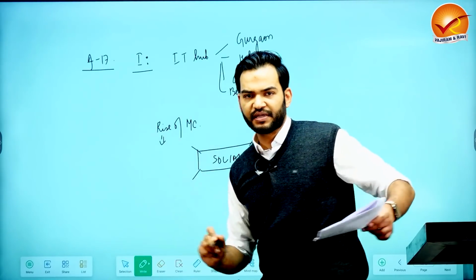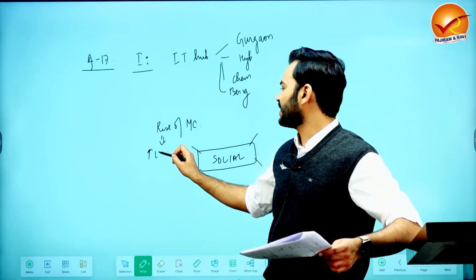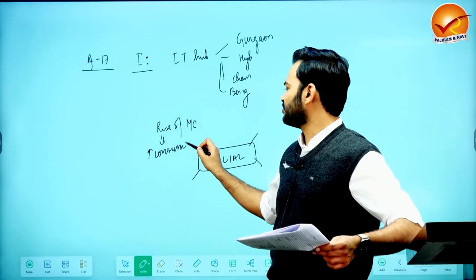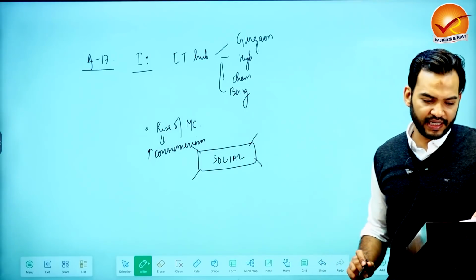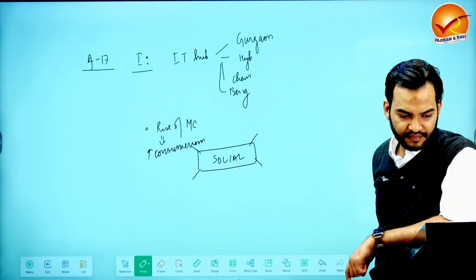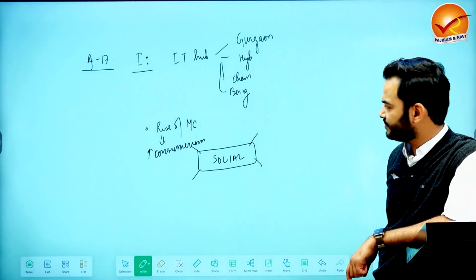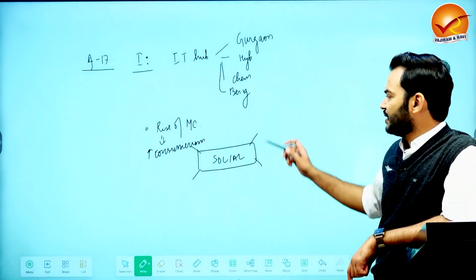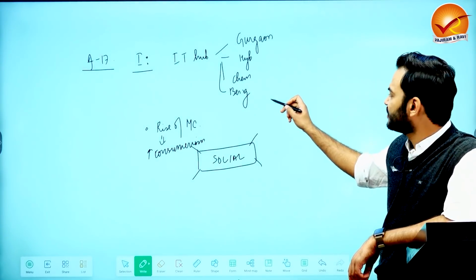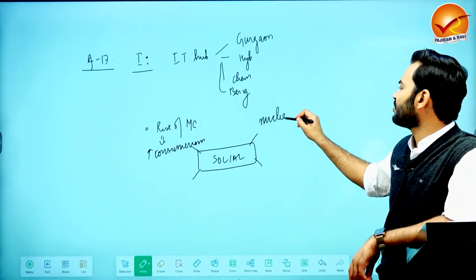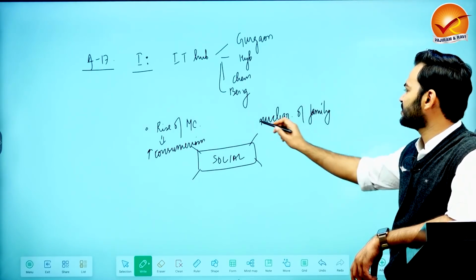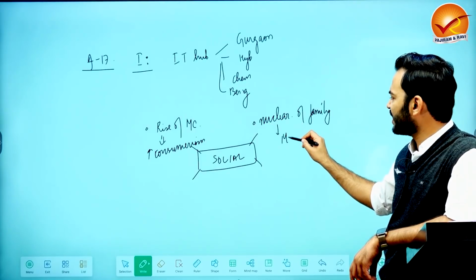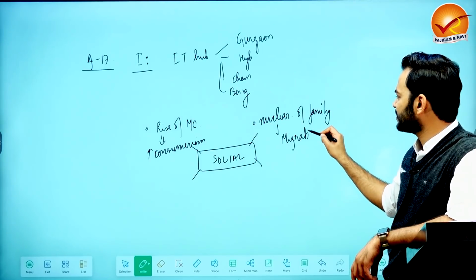Now rise of middle class leads to increased consumerism. Then second point, nuclearization of families because of migration to these cities.